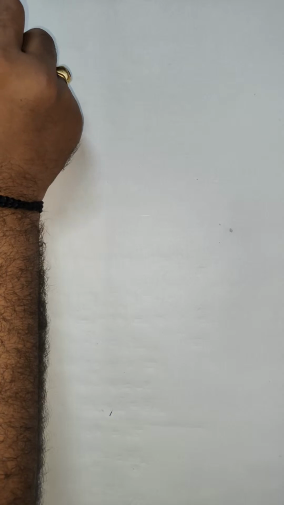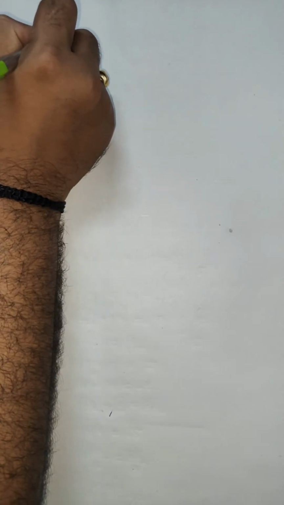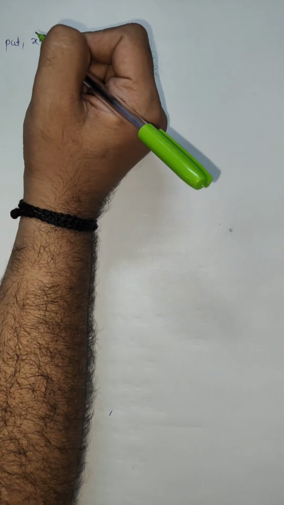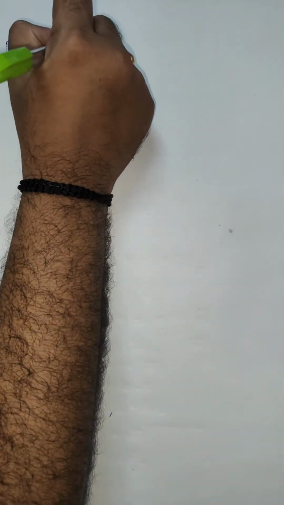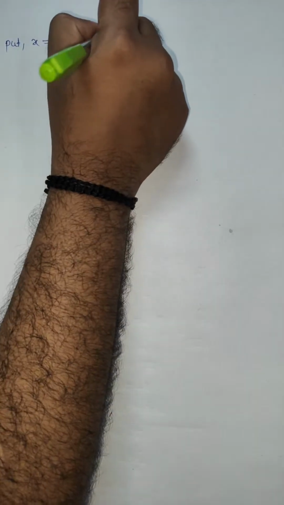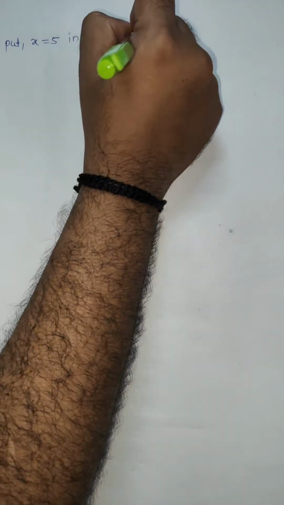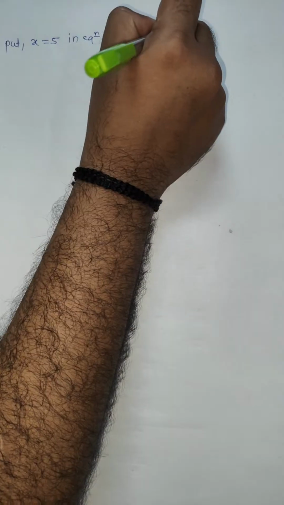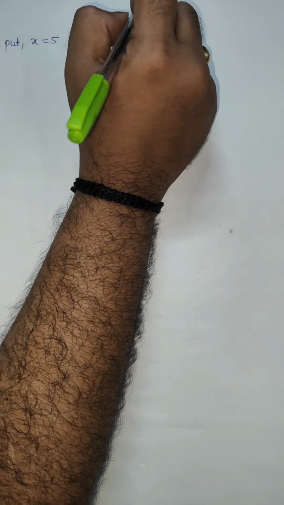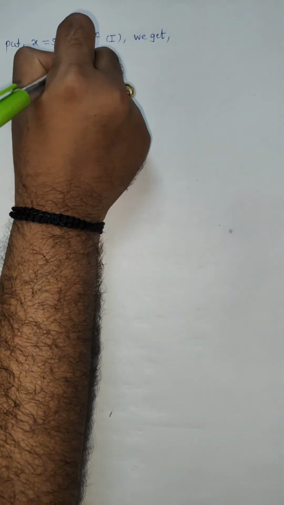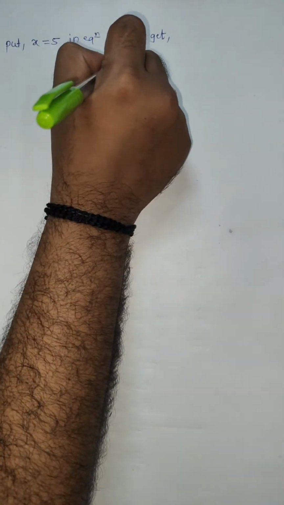Put x is equal to 5 in equation number 1. What do we get? What is the result in this linear equation in two variables? So 3x plus 2y is equal to 29. This is the first step.